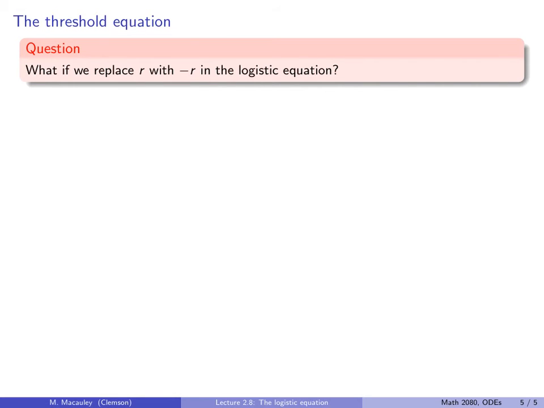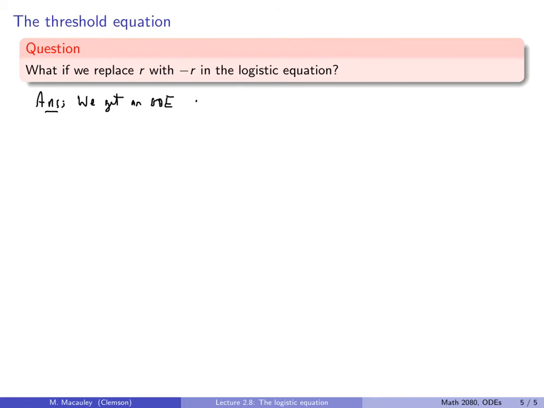Well, in that case, the answer is that we get an ODE, and let me write it out. I'm going to use capital T instead of capital M for my threshold, my maximum carrying capacity, and I'll explain why shortly.